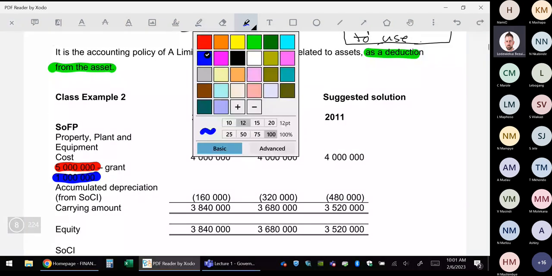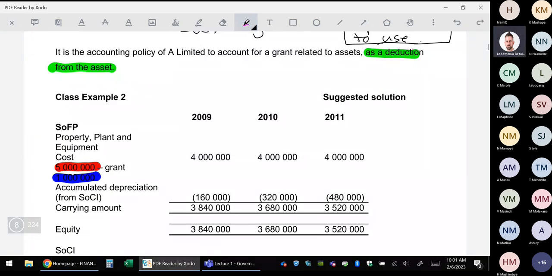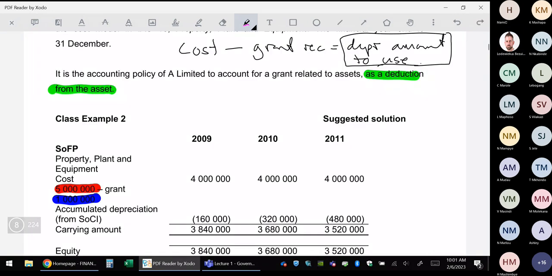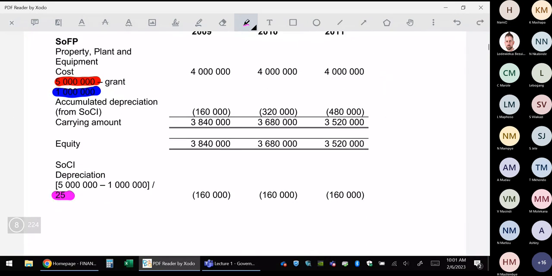And our depreciation rate stays 25 years. So now what happens? Now I'm going to say 5 million less a million gives me the actual cost of the asset after we have accounted for the grant that we received.